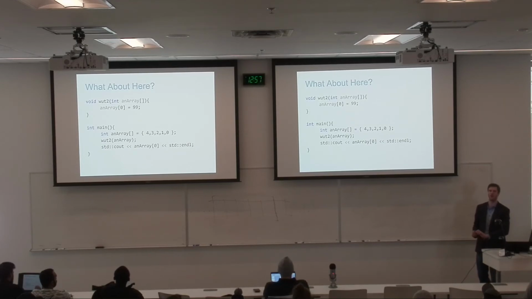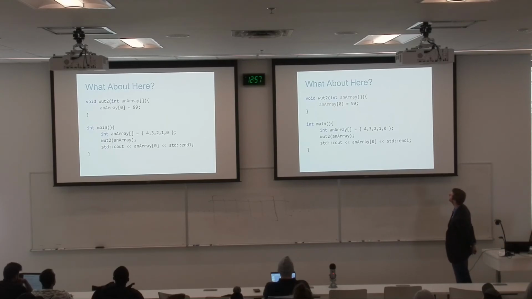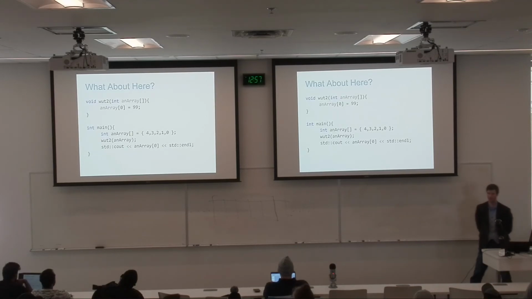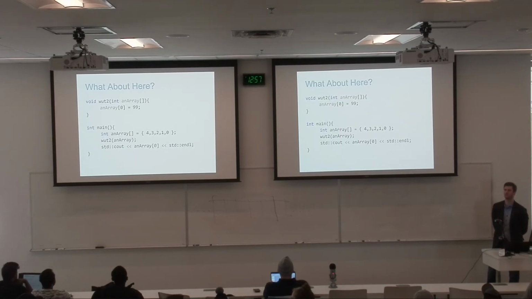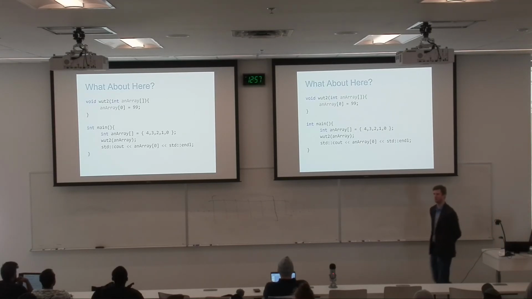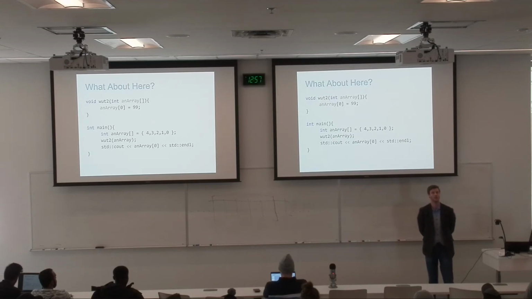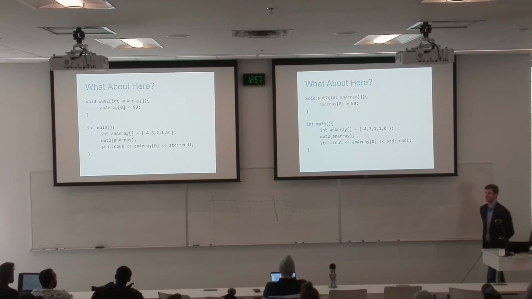What about this one? It's not a pointer anymore. What we're doing in that parameter there at the top, int an array, we're saying, oh, create a new integer array thing. And it'll copy over the contents for us.